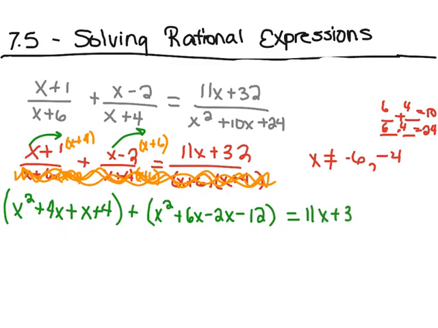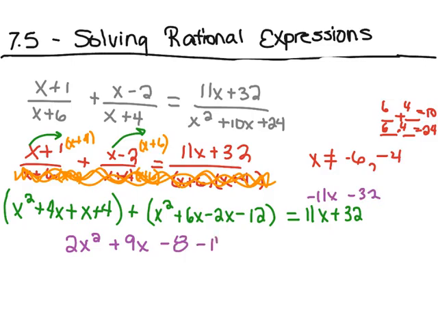11x plus 32. Now we will simplify. So we have x squared plus x squared is 2x squared, 4x plus 1x is 5x, plus 6x is 11x, minus 2 is 9x, and 4 minus 12 is negative 8, and we also have to move these over.